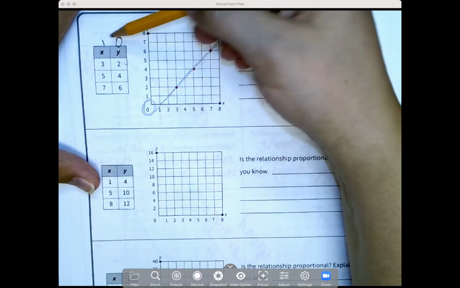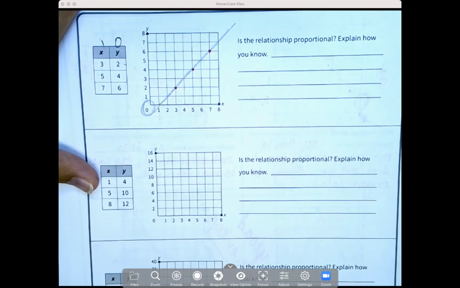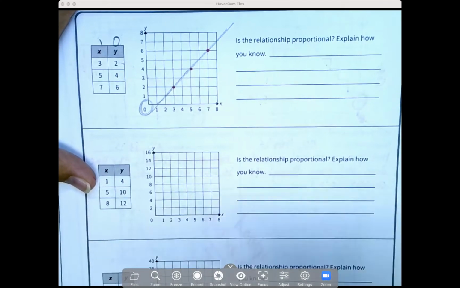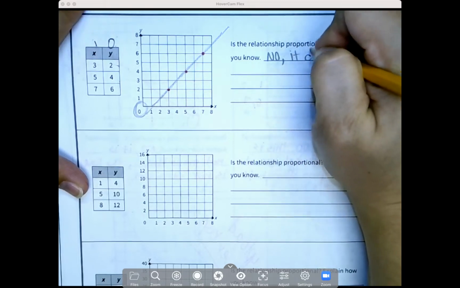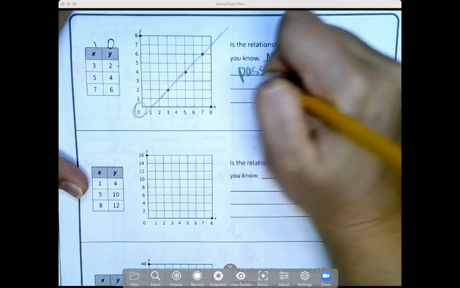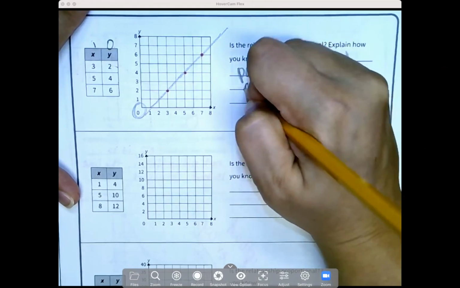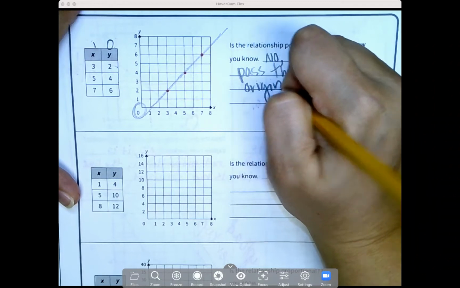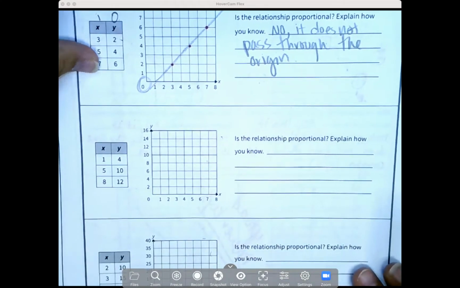So I don't have the point (0, 0). I would have a point (1, 0) if I was filling in my chart, to find out if the (0, 0) exists. So you would say, no, it does not pass through the origin. And again, you're going to upload these two here.